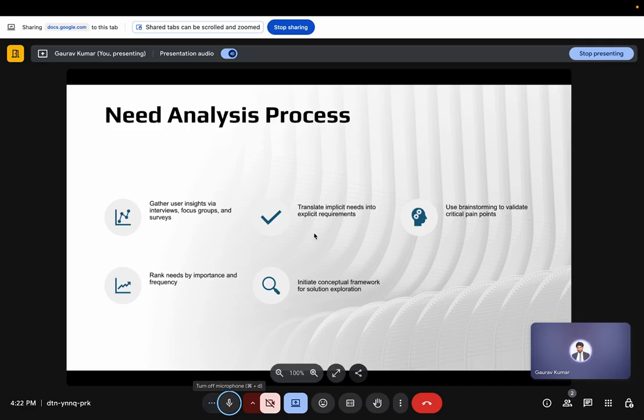So they often unlock breakthrough value. Brainstorming synthesizes the findings, and a prioritization matrix orders them by impact and frequency. The output is a need statement with acceptance criteria and boundaries. This artifact guides the subsequent specifications, keeping teams aligned and scope disciplined.